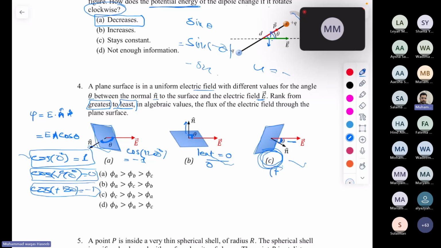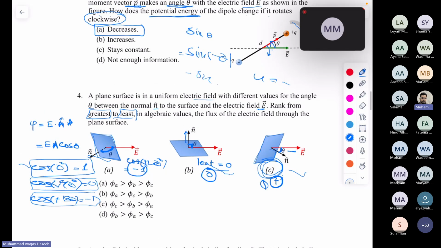So you have a flux in this condition maximum, then this, and then this. So the flux of C is the greatest.